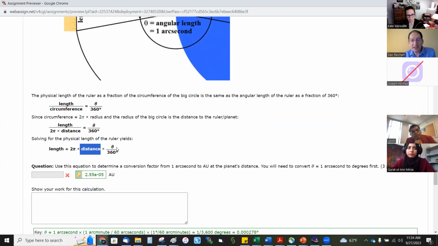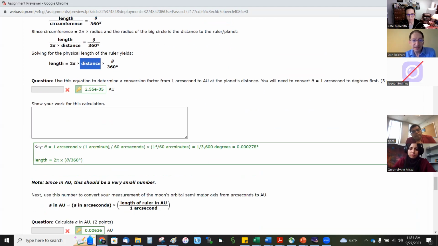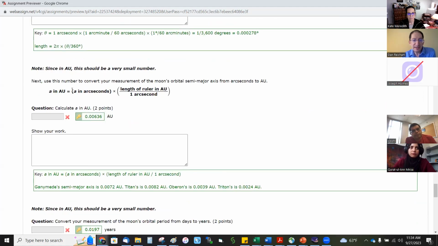They convert their 1 arc second to degrees, and then you have a conversion constant. There are this many AU in 1 arc second. They show their calculation, and then they take their AU and arc seconds from above, multiply by this conversion factor. I think you can all see how it'll be easier as 1 step, but this semester it's still 2 step.